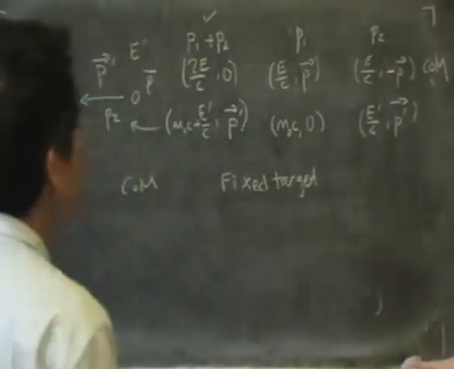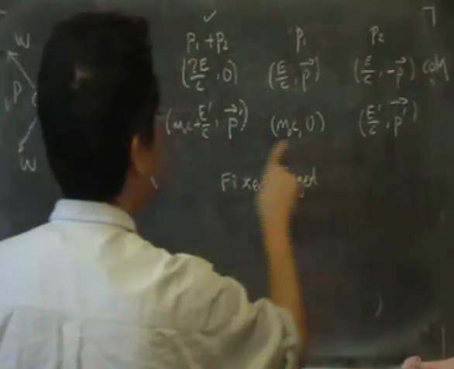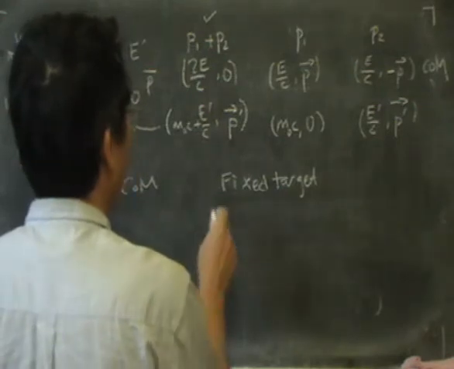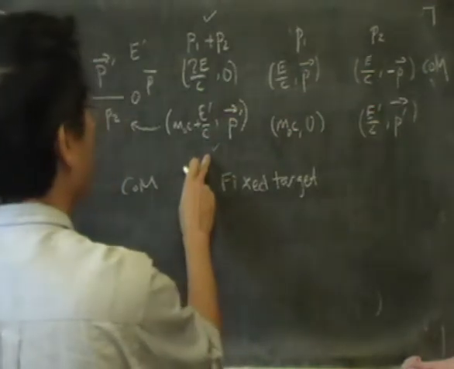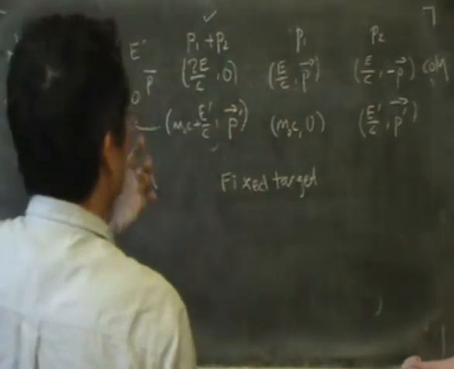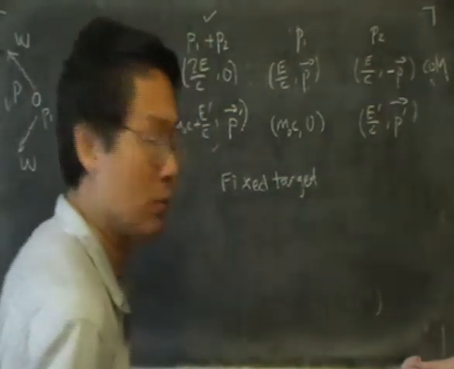Notice that in the fixed target frame expressions, I use this one for P1 plus P2, and I have to choose either this one or that one to take an inner product with.